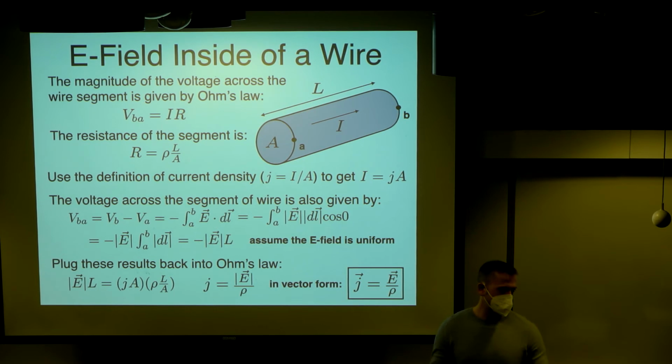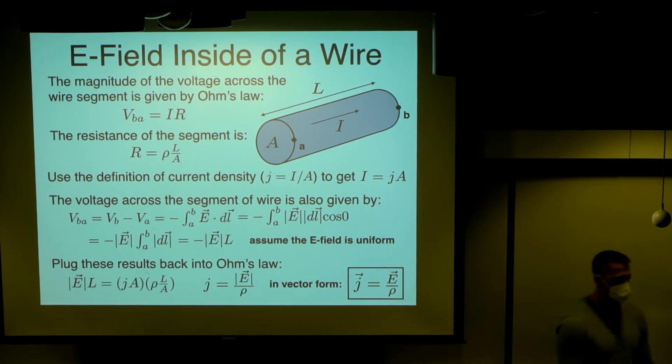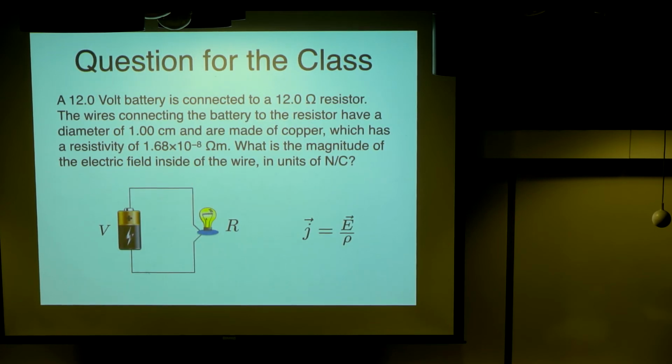And that makes sense because conventional current consists of positive charge. Positive charge is just going to move in the direction the E field is pointing, okay? Any questions on that? So we'll do some calculations with this now, okay? In particular, we're going to want to know what the E field in a wire is for a typical sort of circuit.